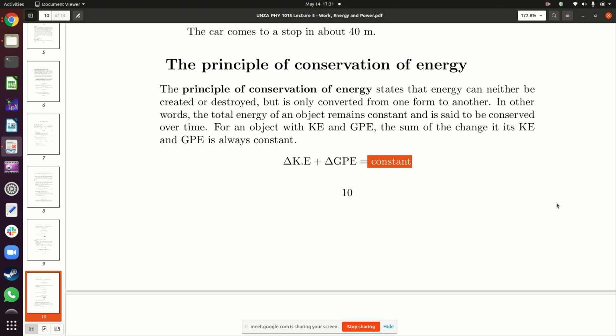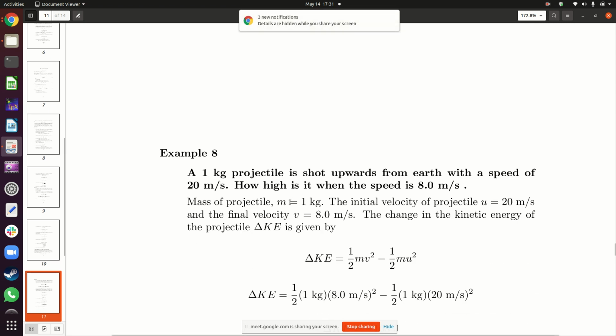Eventually the object you have thrown up is going to reach what we refer to as maximum height, which is the height at which an object has got a velocity of 0. When it reaches maximum height, it would have gained the maximum gravitational potential energy, but it would have lost the kinetic energy it had. If you add up the gain in gravitational potential energy and the loss in kinetic energy, you end up having a 0.